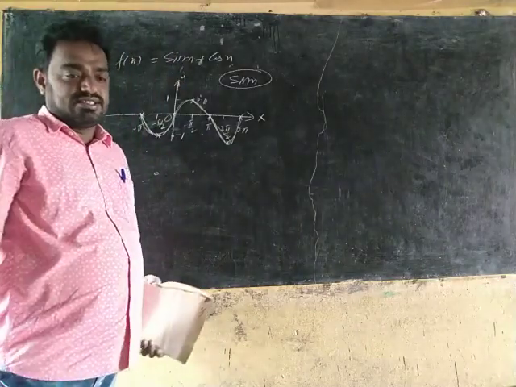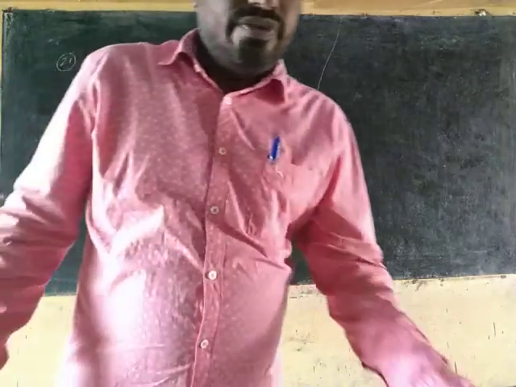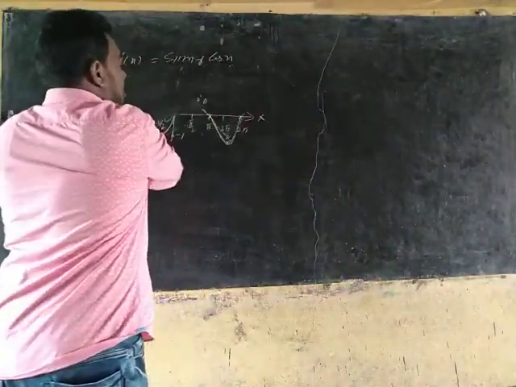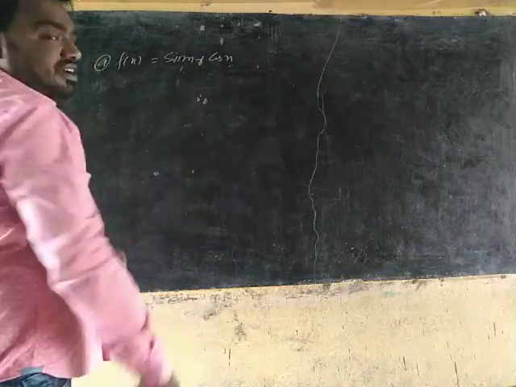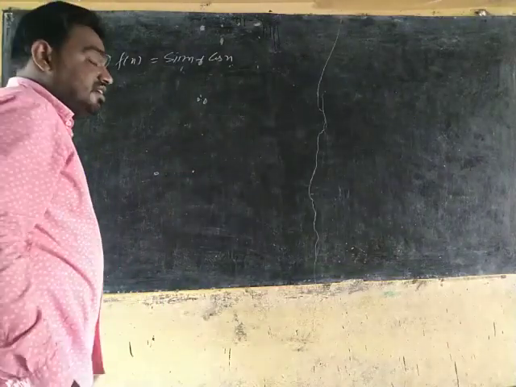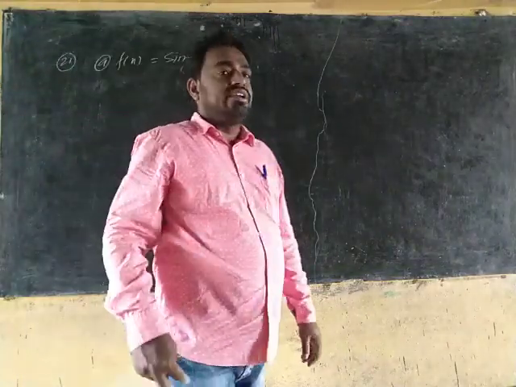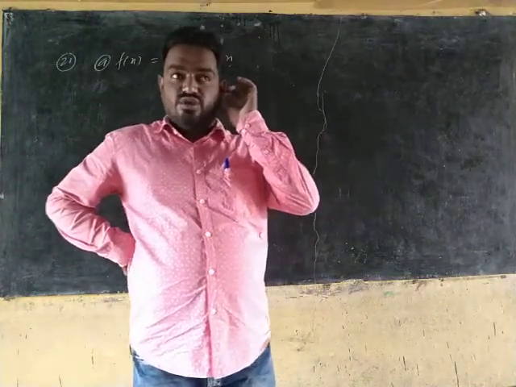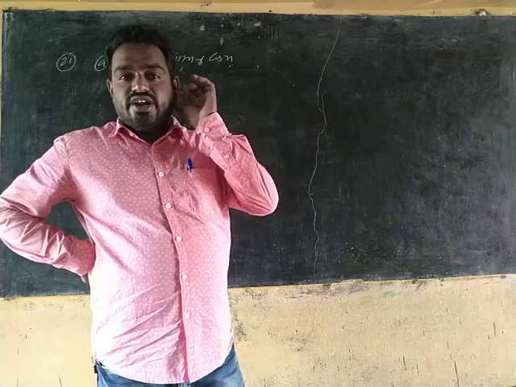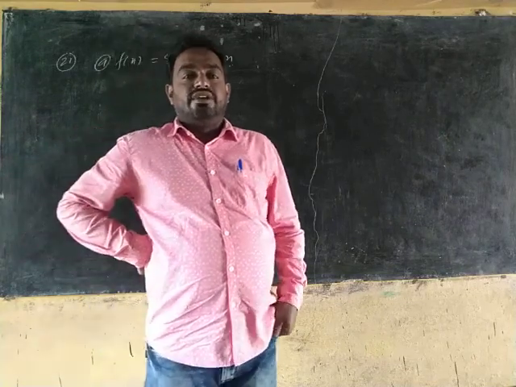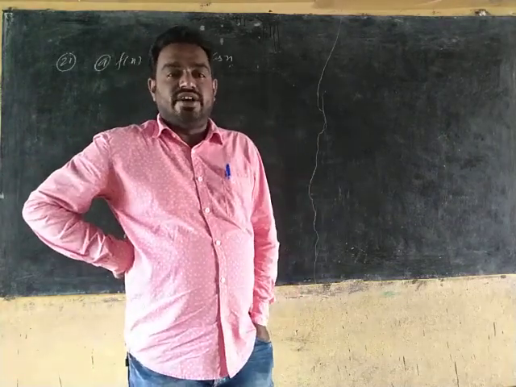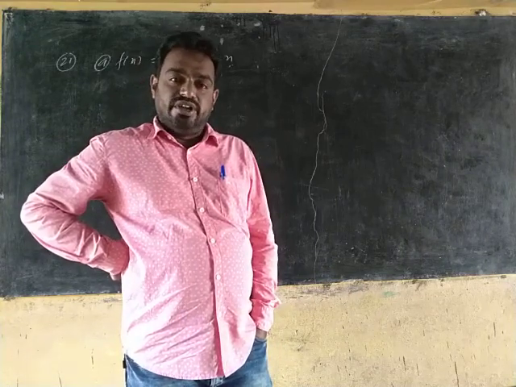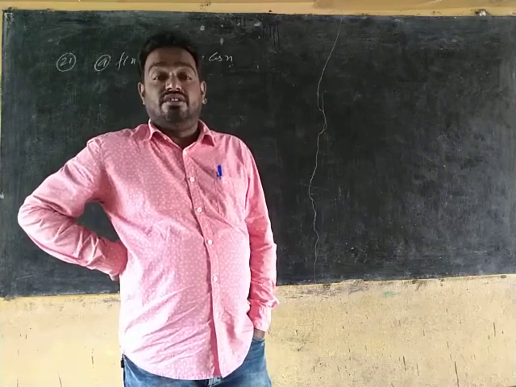Similarly, cos x is also continuous. So what we concluded now is that sin x and cos x are continuous functions. And after the continuity definition I gave one note: if f and g are continuous functions, then f plus g is also continuous, f minus g is also continuous, f into g is also continuous, f divided by g is also continuous.